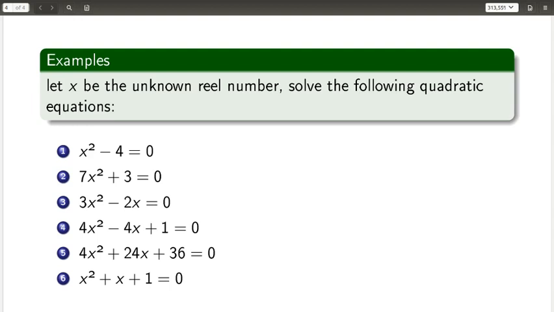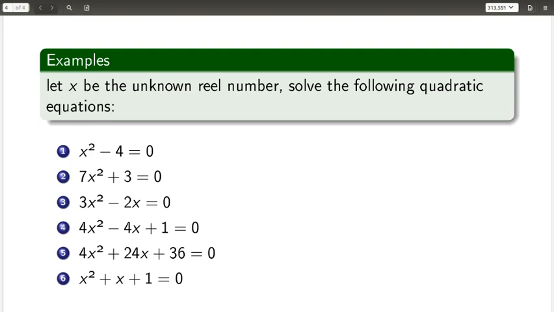Let's take the fourth example, or the fourth exercise. Let's solve the quadratic equation 4x squared minus 4x plus 1 equal to 0.